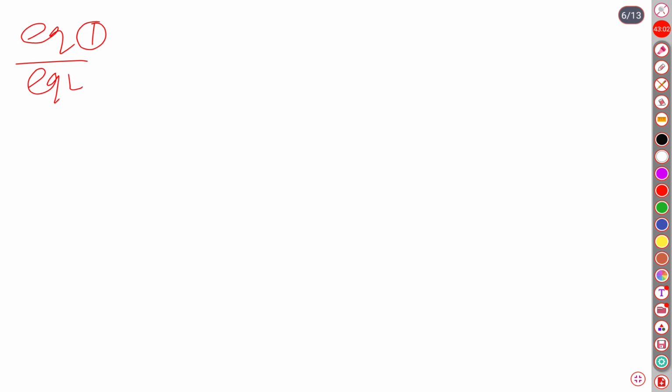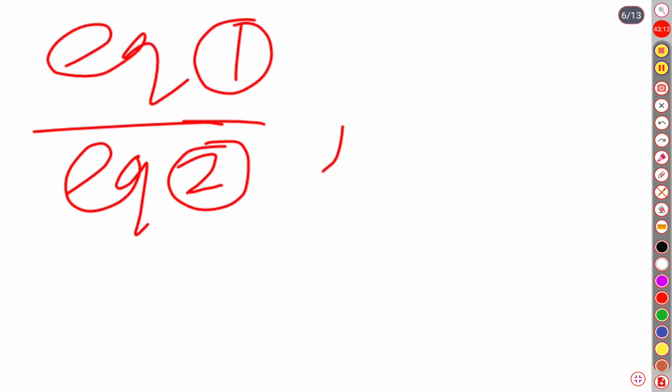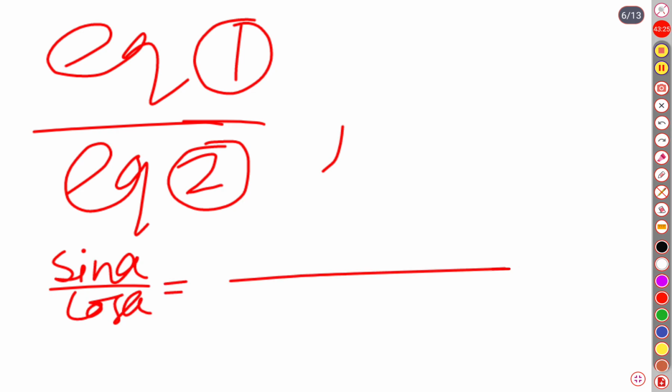Our equation 1 was sine alpha, so let us write sine alpha over cos alpha is equal to equation 1 over equation 2.